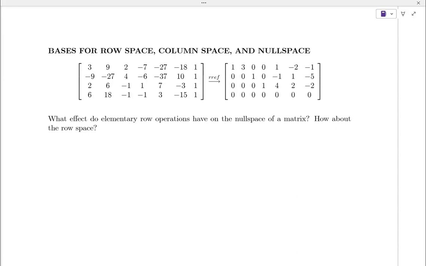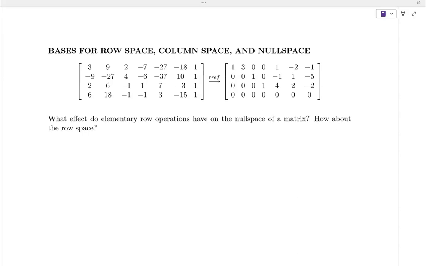We've already asked this before. What effects do elementary row operations have on either the row space or the null space? Well, elementary row operations are linear combinations of rows, right? So does that have any effect on the row space at all if all you're doing is playing around with linear combinations of the rows?